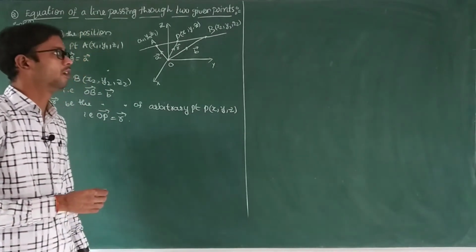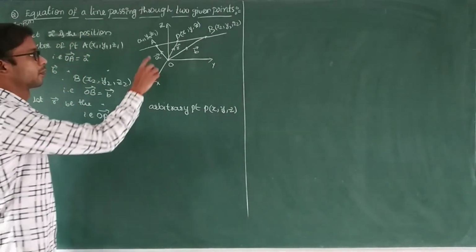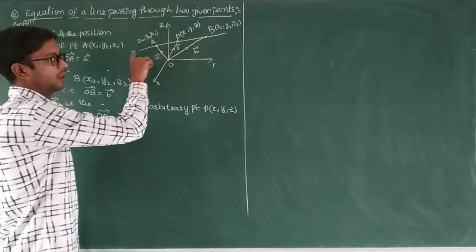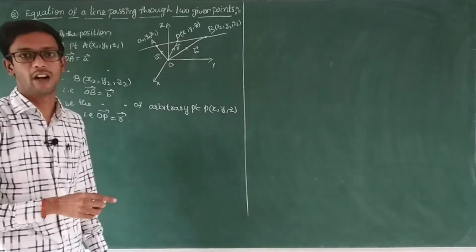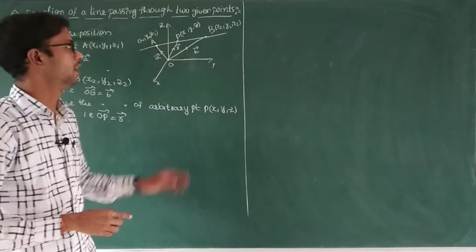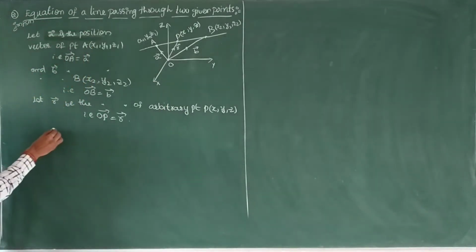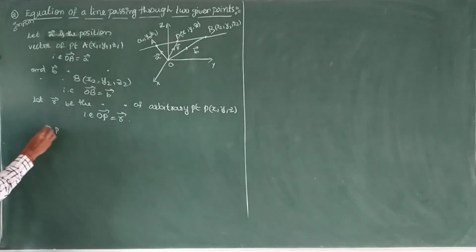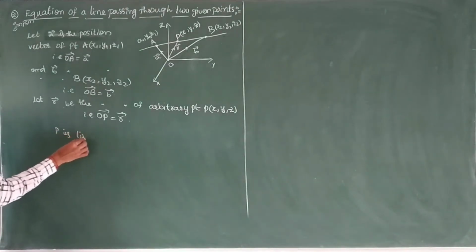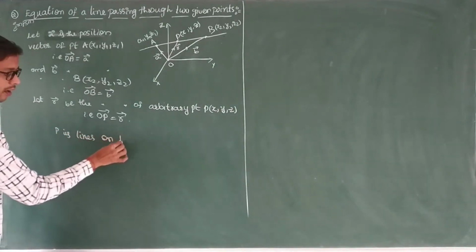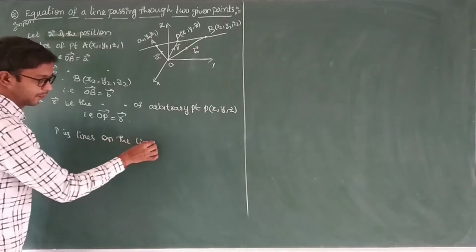Next step, we can see that P lies on the line.